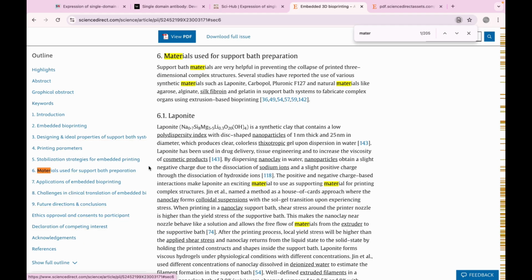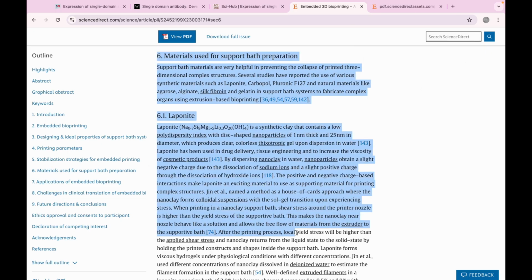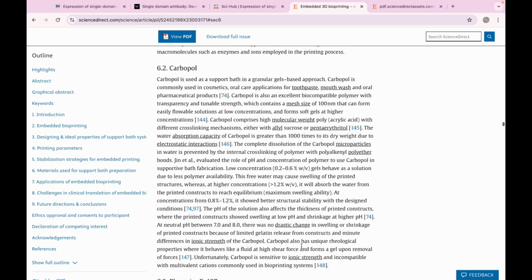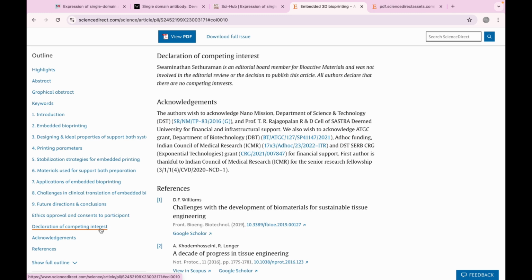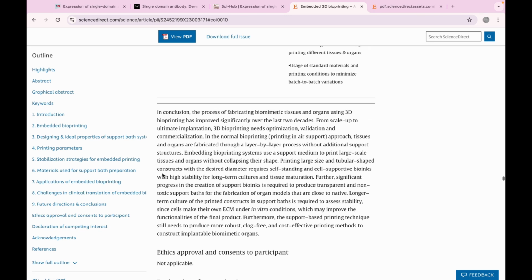Since it is a review, they have not mentioned materials and methods because they're not really doing anything in particular. But this is where you can actually see what is happening in the paper and understand what they're trying to say. And in the conclusion also, you can have an idea of what they were trying to say.